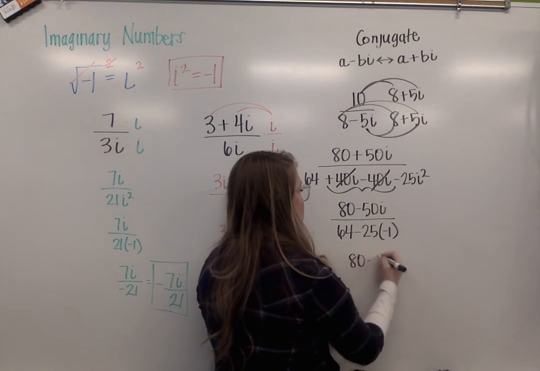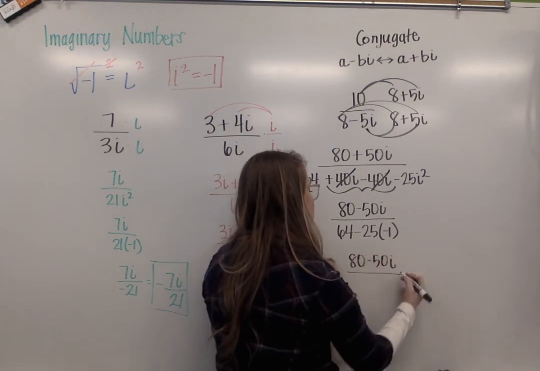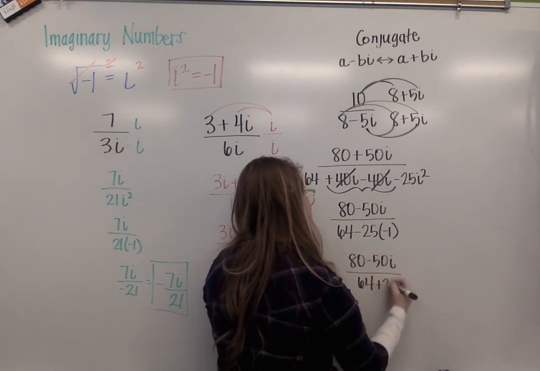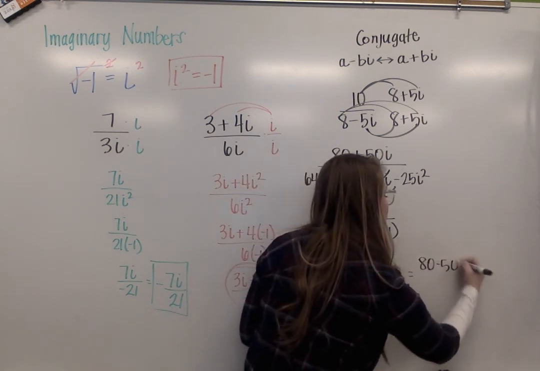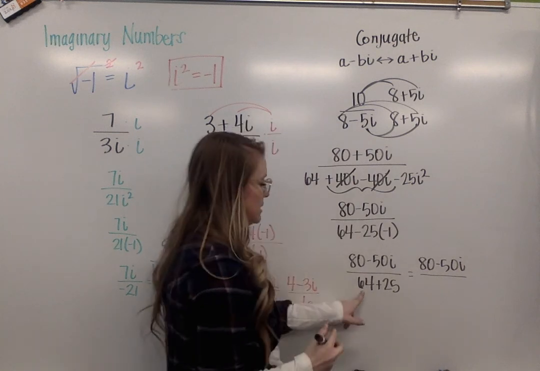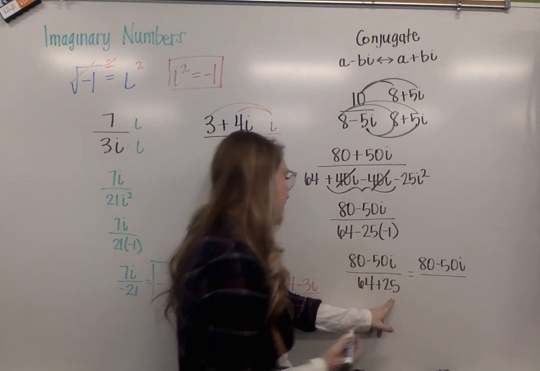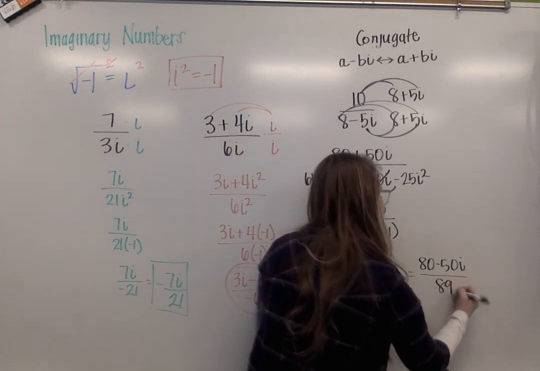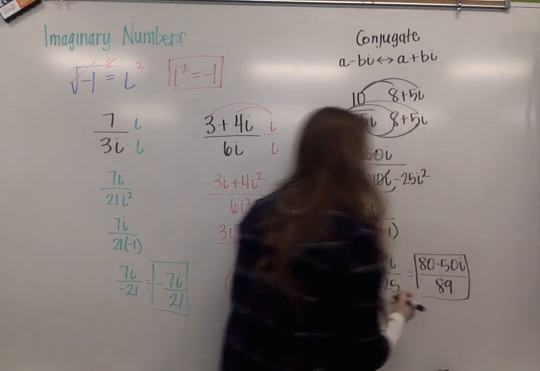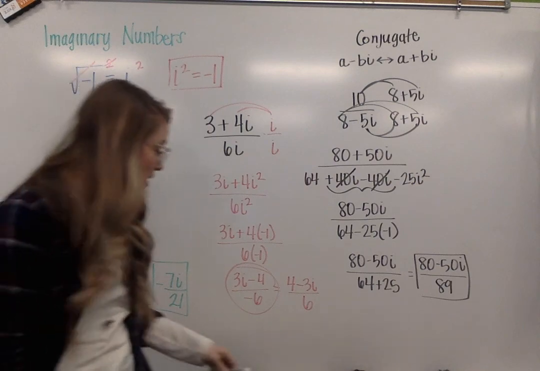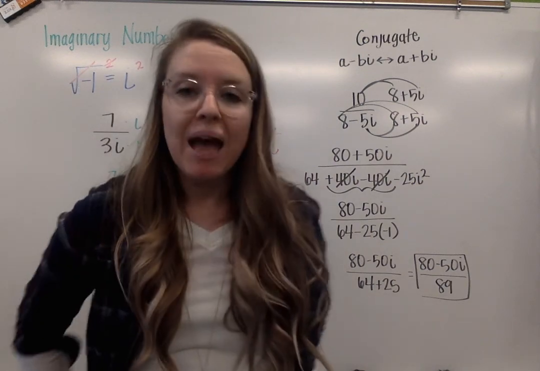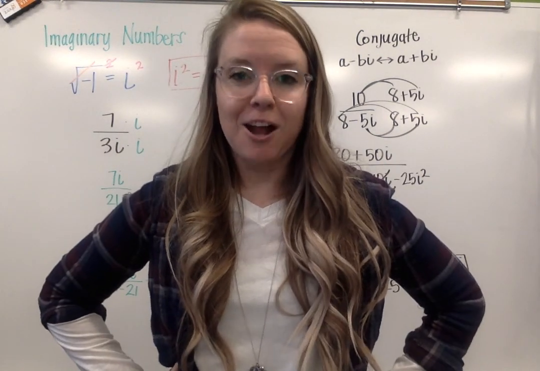So 80 plus 50i over 64 plus 25. So if I combine like terms in the denominator, 64 plus 25 is 89. So that is rationalizing or simplifying the denominator, just making sure that imaginary number is not in the denominator.